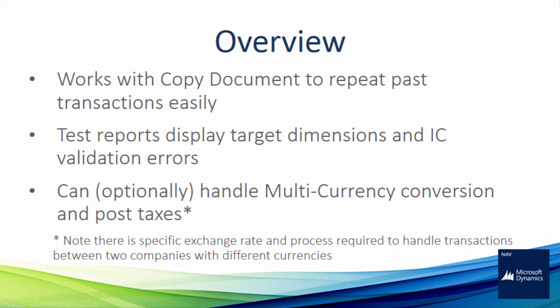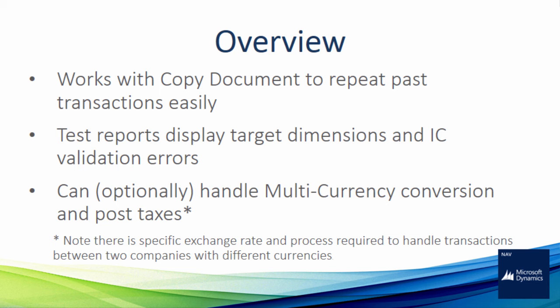Now, there's an asterisk on this. It requires a bit more of a complex setup. We have some documentation on our recommended setup for multi-currency, but just on a high-level basis, you create a unique currency code that identifies the currency, such as CAD to USD, and then you pick that code when you're doing those specific intercompany transactions with a foreign currency, and then it'll do the self-balancing and post with the expected target currency and such.